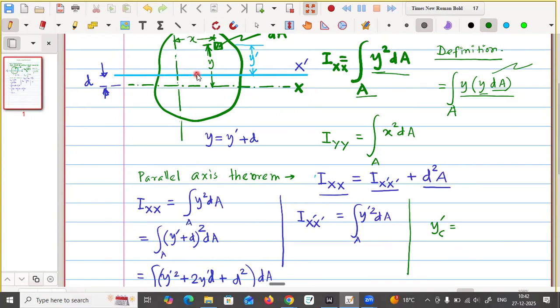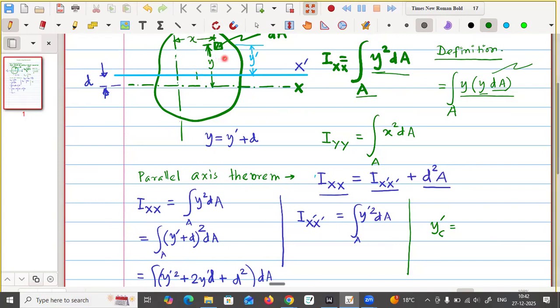You see that the centroid is on the x-axis itself. Therefore, the distance of the centroid from the x-axis is 0 because this is situated on the x prime axis itself. So this is the x prime axis and the distance of this from itself is 0. Therefore, it is 0.